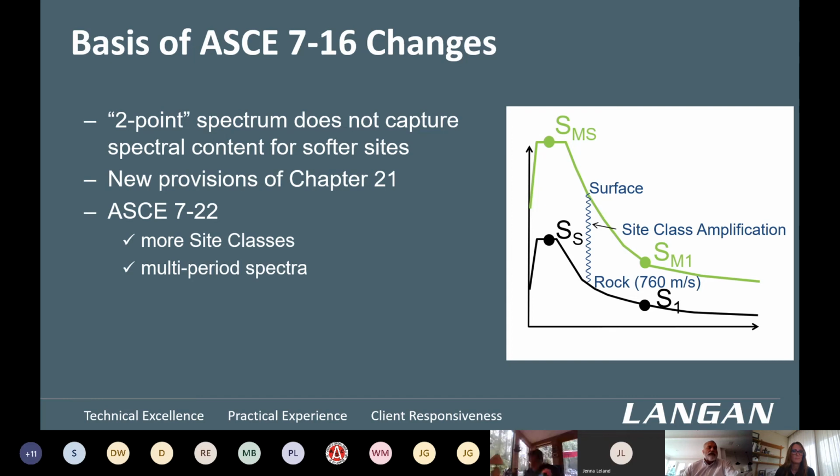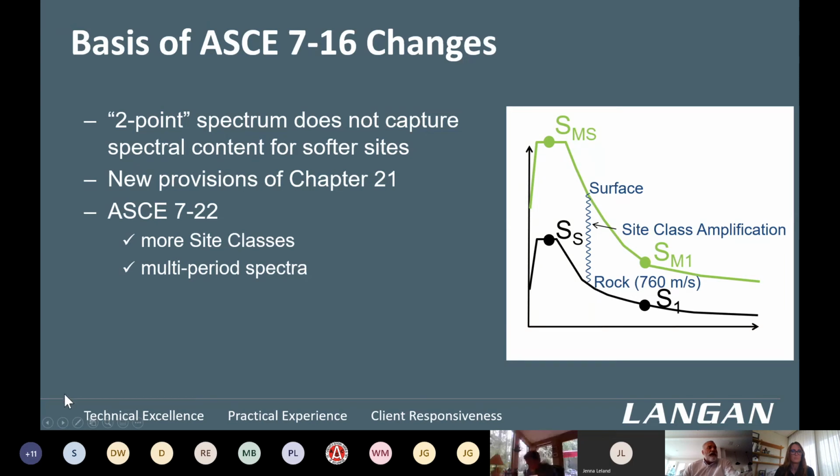But the code has only a 2-period spectrum design basis. And really a 2-period spectrum does not capture the softer sites' behavior. And that has been addressed by new provisions in Chapter 21 of ASCE 7-16.